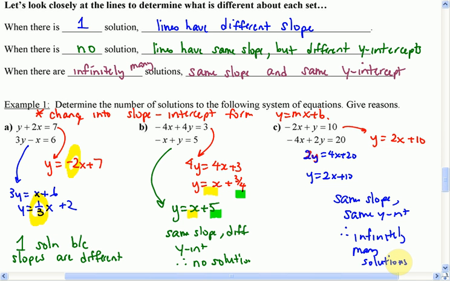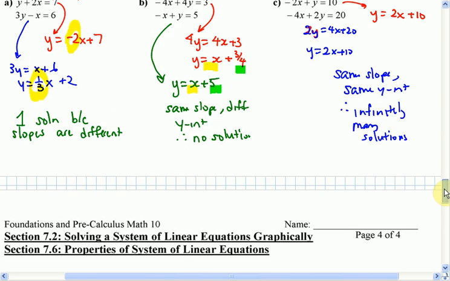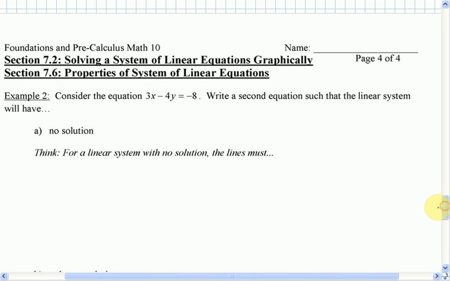All right. Now there's only one more thing we can do. Switch it around. So now I'm going to ask you to consider one equation, and you have to give me a second equation to figure out what that would look like.